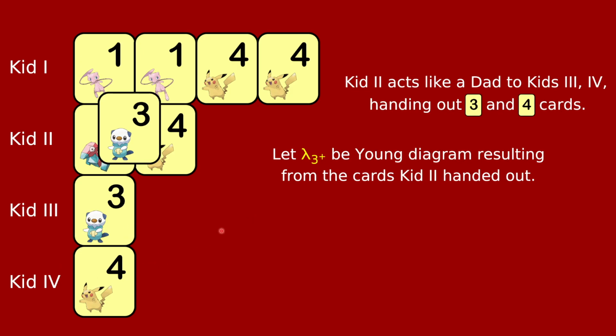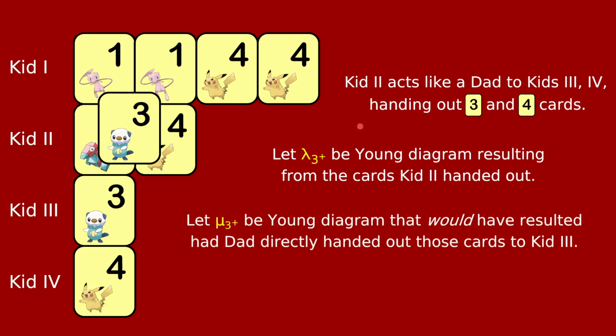So this is what you need to study if you're interested in studying the number of cards in, let's say, the third row, some middle row like the third row of the Young diagram. Now, on one hand, you can consider that, which is what actually happens, but you might also consider a counterfactual scenario. So, run the process for a while and imagine the cards that kid 2 dishes out to kid 3 and kid 4, and imagine what Young diagram would have resulted had those cards been directly handed out by the dad to kids 3 and 4.